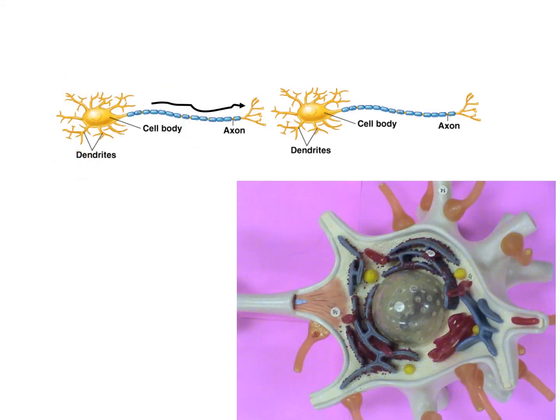I mentioned earlier that these white extensions or processes here were the dendrites. And I also mentioned these brown structures here were axon terminals.